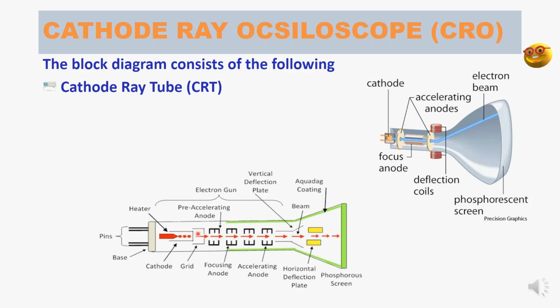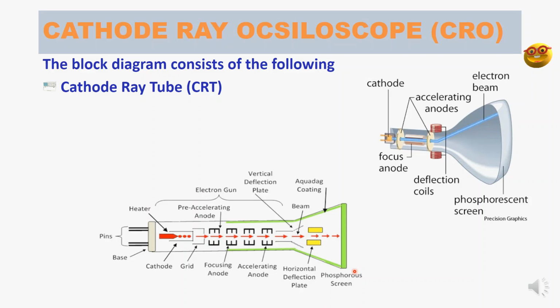This is your control grid, and from here it moves to the different accelerating anodes. Then it enters into the deflection plates. You have two deflection plates, vertical plate and horizontal plate, and then the electron will hit the screen, and this screen is coated with phosphorus material.